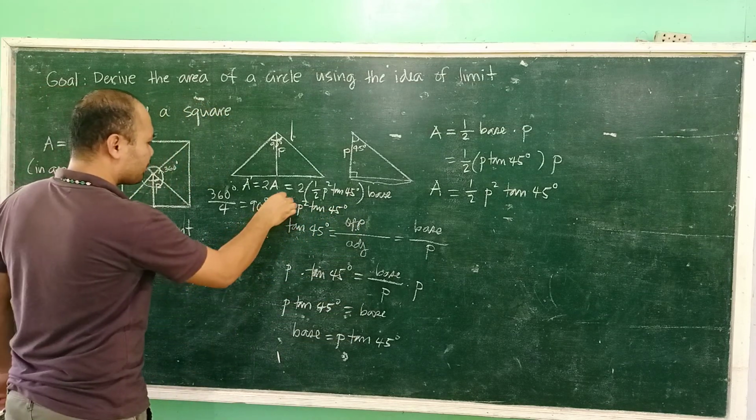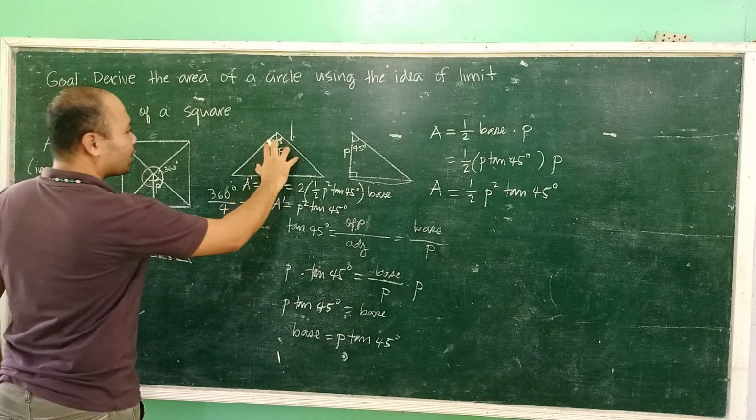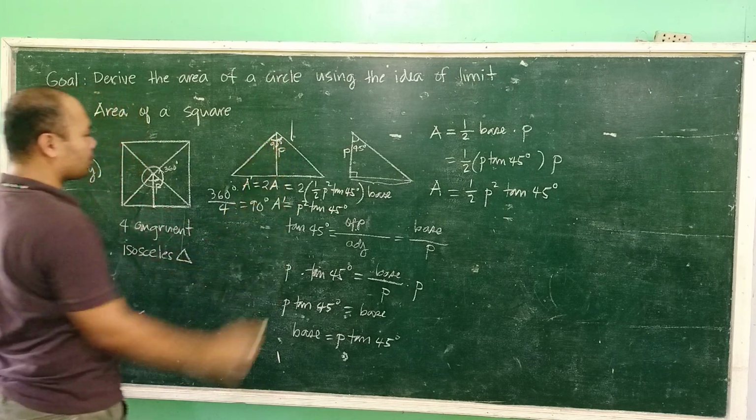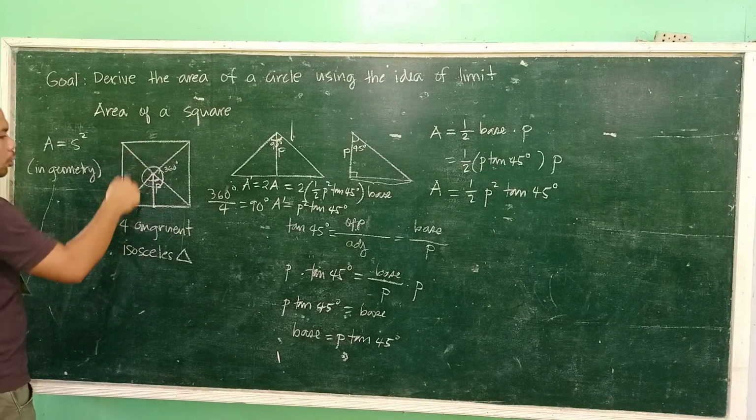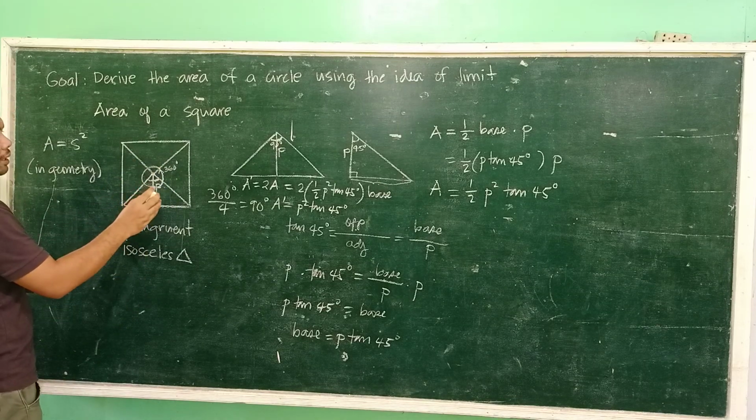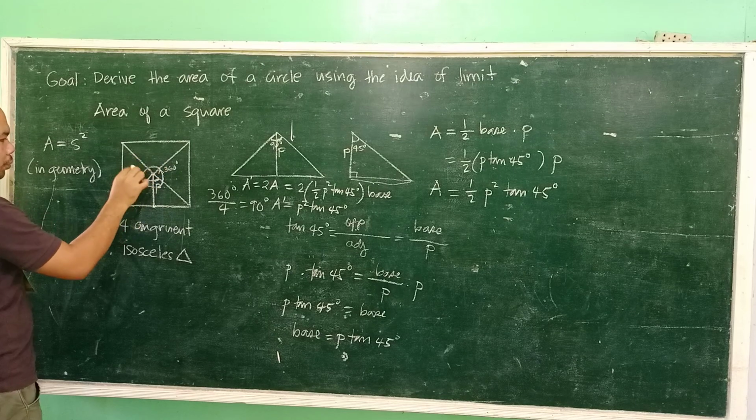So that's A prime, the area of this one isosceles triangle. What is the area of the whole square? How many isosceles triangles are here? There are 1, 2, 3, 4.